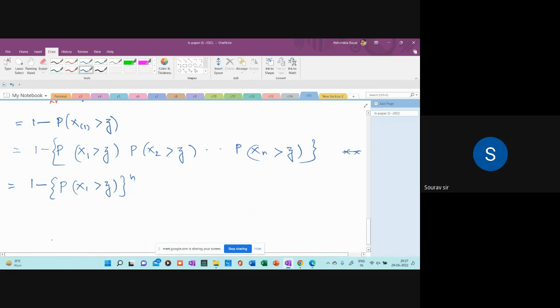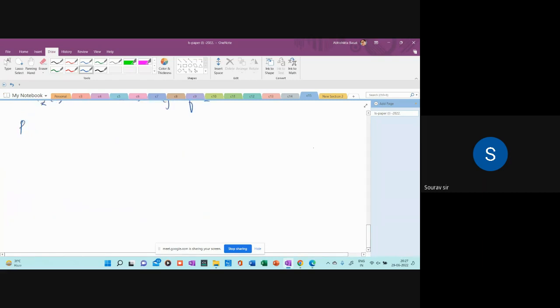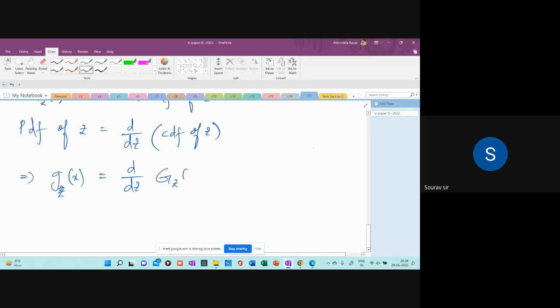So what we have obtained, this is basically my G, Z, X. Okay. So this is the CDF of Z we have obtained. Now how to obtain the PDF? To obtain the PDF of Z, we need to do the derivative of CDF of Z, that is basically g of z given by the question is d/dz of GZX.